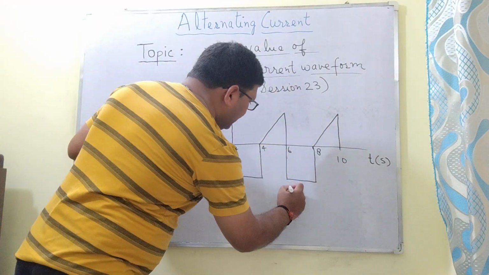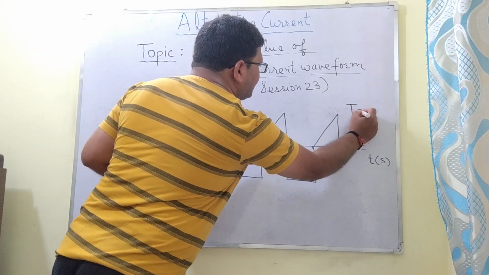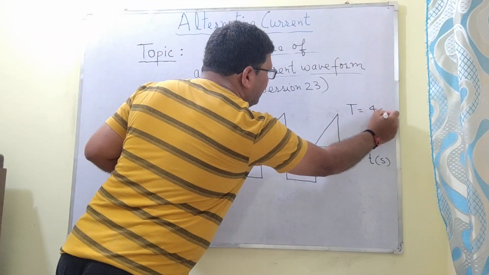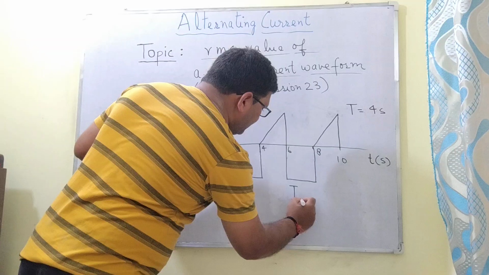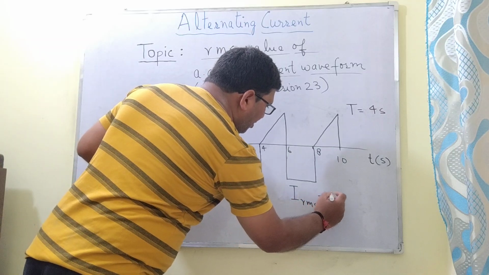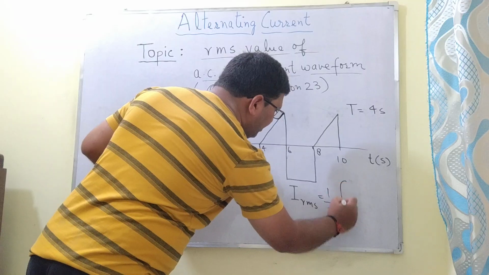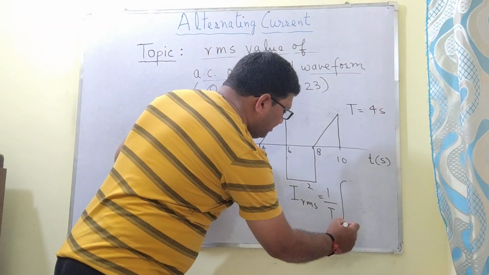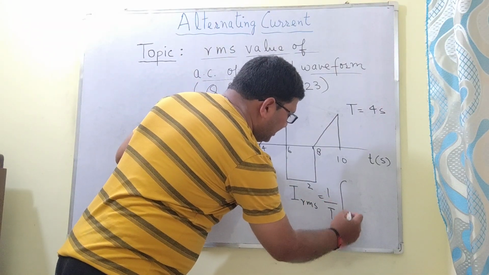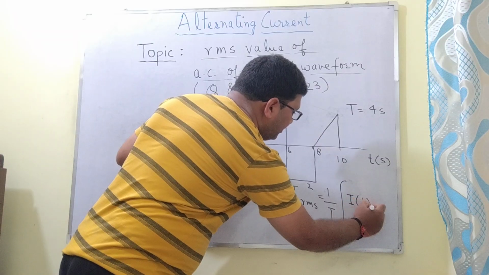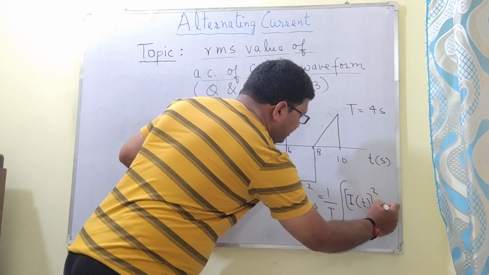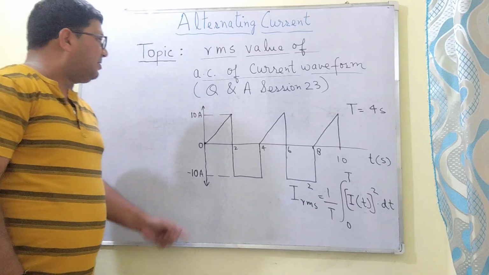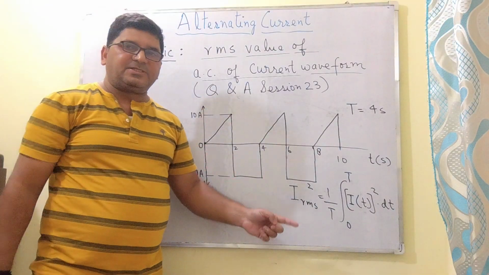So the time period of this alternating current is equal to 4 seconds, and we know that the RMS value of the alternating current is given by this formula, that is I RMS whole square is equal to 1 by T multiplied by the integration of i(t) whole square dt within the limits of 0 and T. So here we will be finding the RMS value of the alternating current over one complete cycle.